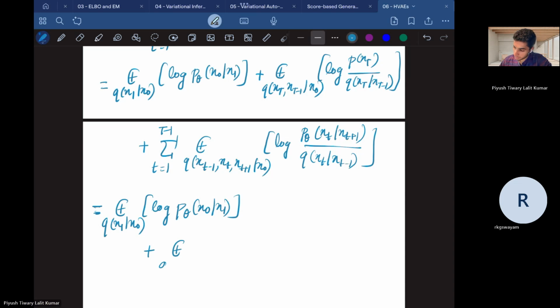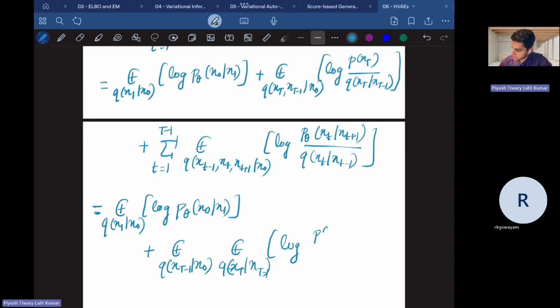I will write it down and then explain. This is q of xt minus 1 given x naught, and expectation of q of xt given xt minus 1 of log of p of xt divided by q of xt given xt minus 1.